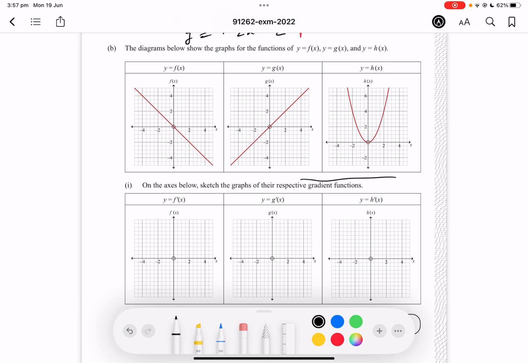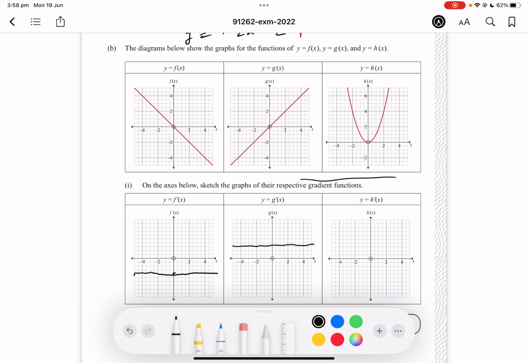So if we find negative 1 here, then I can draw a straight line, I'll try my best. So it should look something like that for f dash of x. For g dash of x is going to be positive 1, so it's exactly the same thing, but on the positive axis, so maybe somewhere here.